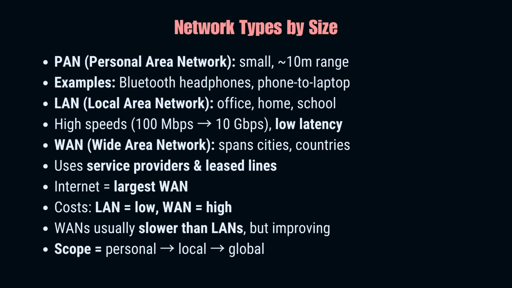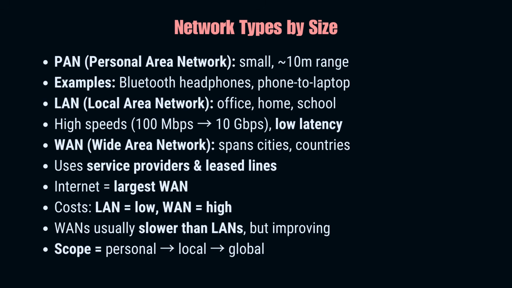Networks are categorized by their geographical scope and ownership, with each type having distinct characteristics important for the CCNA exam. Personal area networks, PANs, cover your personal space up to 10 meters, connecting devices like smartphones to Bluetooth earbuds, laptops to wireless mice, or tablets to styluses using technologies like Bluetooth, USB, and NFC.